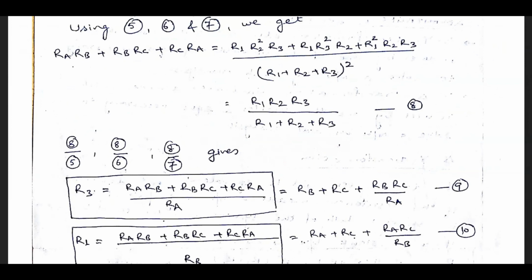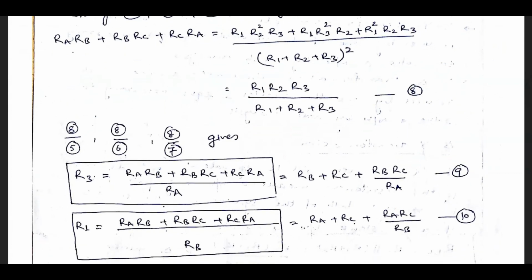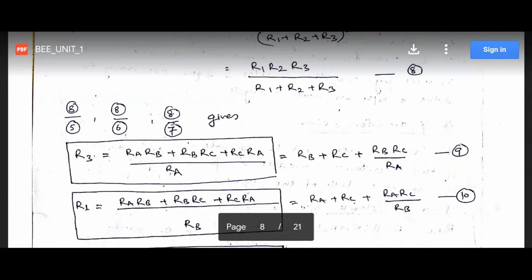So this LHS is clear. Now we will focus on RHS. The RHS of equation number 8 has this series addition of resistances taken two at a time, which is RA RB plus RB RC plus RC RA. And in equation number 5, we had RA.